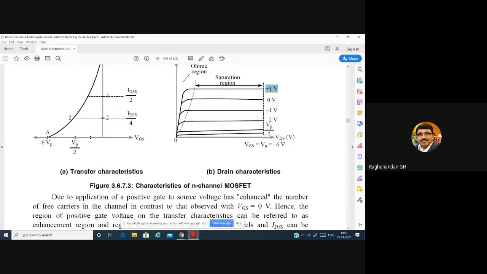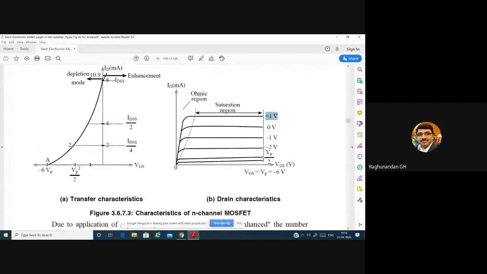Coming to the transfer characteristics, we have VGS versus ID. Here, VP is minus 6 volt, the pinch-off voltage. It is the voltage after which no current will start flowing.